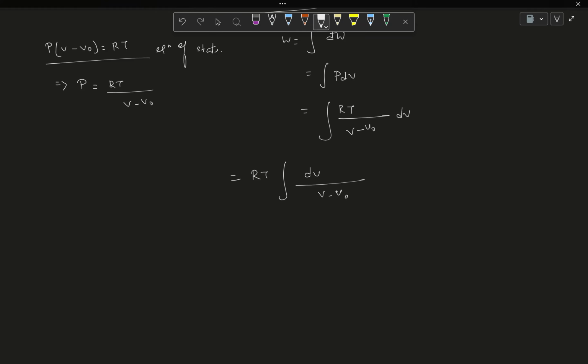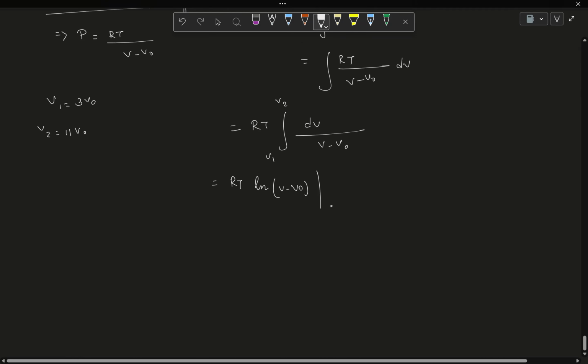Alright, so this is RT ln of V minus V0, and here remember that you have to take the integral from initial volume to final volume, which is also given in the question: the initial volume was 3 V0 and finally it is expanded to 11 V0. So you are going from 3 V0 to 11 V0.